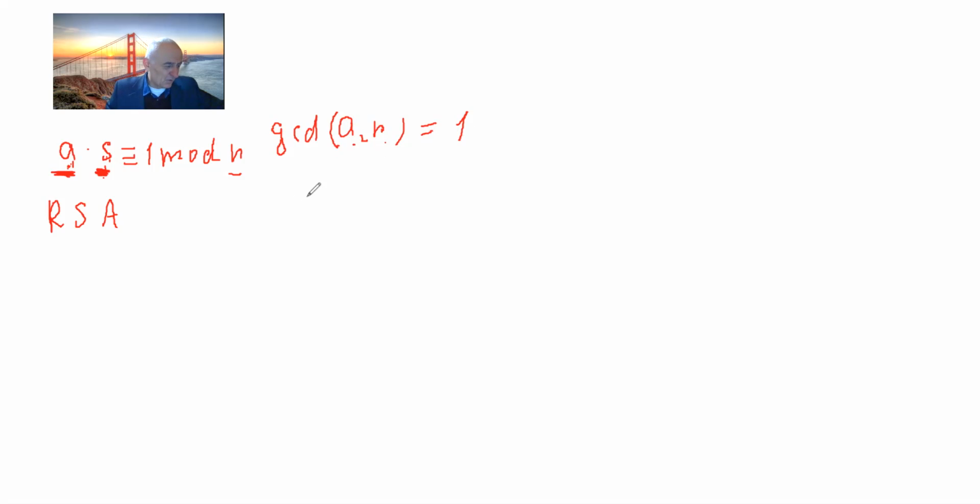Okay, so now let's formulate our previous problem in a different view: to find an integer S such that 43 times S is congruent to 1 modulo 360.